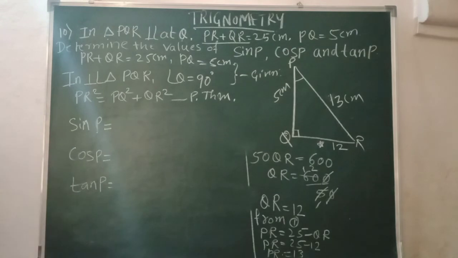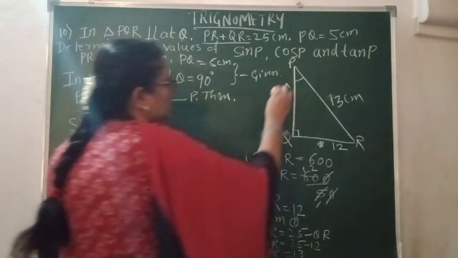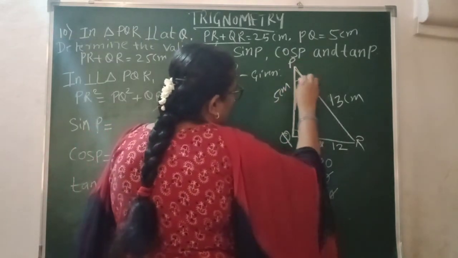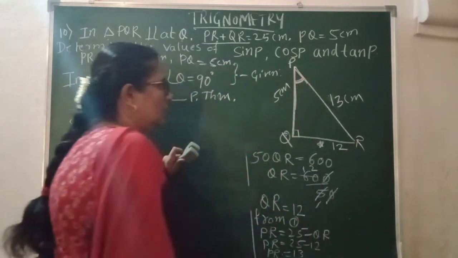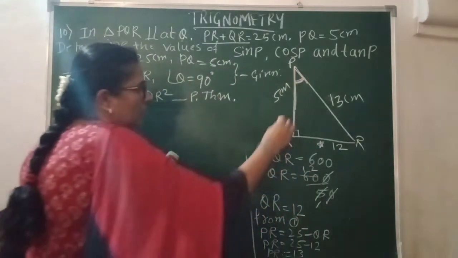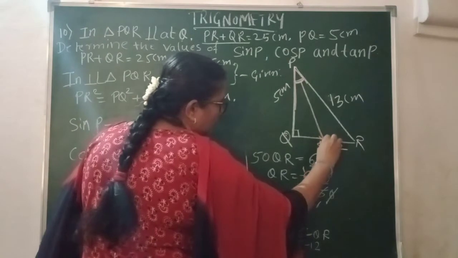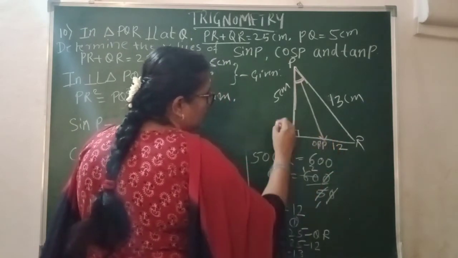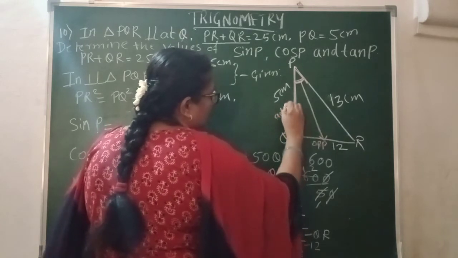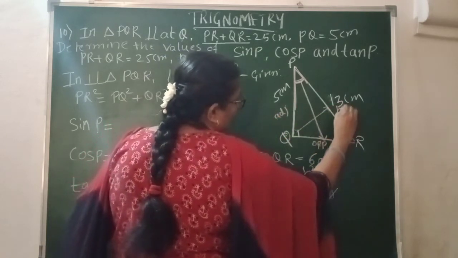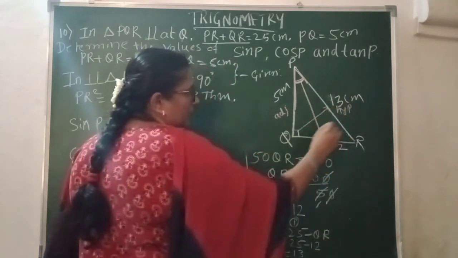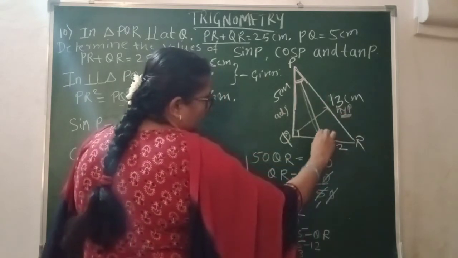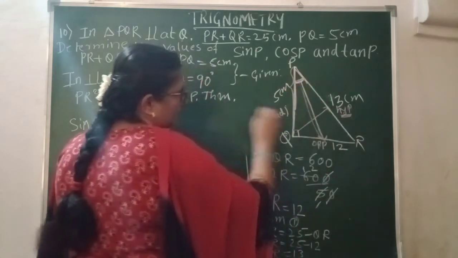See here. This is angle P, the angle we are discussing now. The side opposite to this angle is the opposite side, and this one is the adjacent. Obviously this is the hypotenuse, opposite to the right angle, no question about that.